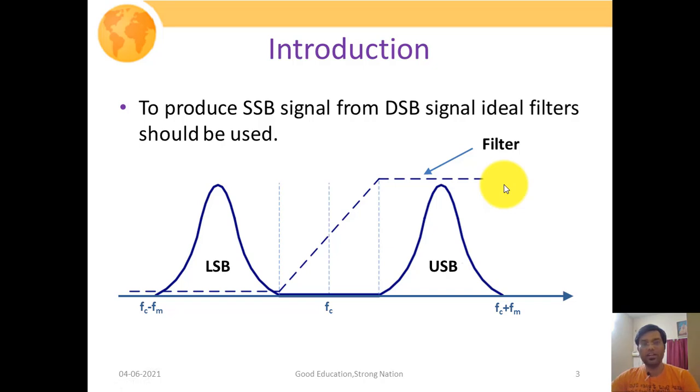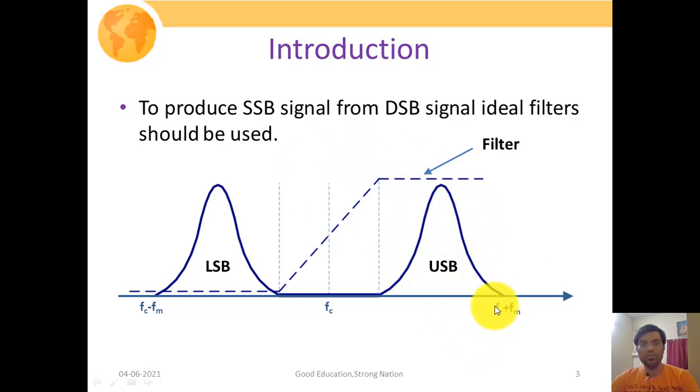So, to produce the SSB signal from the DSB signal, ideal filters should be used. This we had already discussed in our previous lecture while discussing the detection method in our SSB signal. We will require very sharp cutoff filters in order to separate the two sidebands in order to get the single sideband. So this particular figure is basically showing your DSB-SC waveform as a whole.